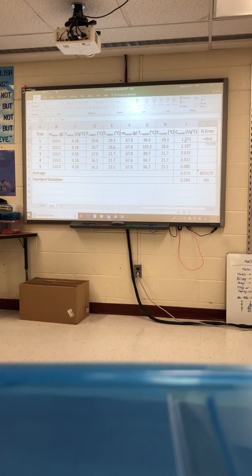I'm going to do 0.9, because I'm assuming it's aluminum, even though it might not be, minus I2. And then I'm going to divide that whole thing by 0.9. Right? Because that's what we set up on the board. And I get a 48% error.